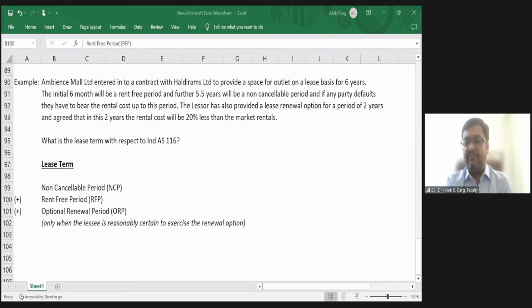Sir, sitting today, how will we say that after 6 years we will exercise the next 2 years? When you run your company, will you run your business only for 1 year or 2 years? You will run your business for the long run.